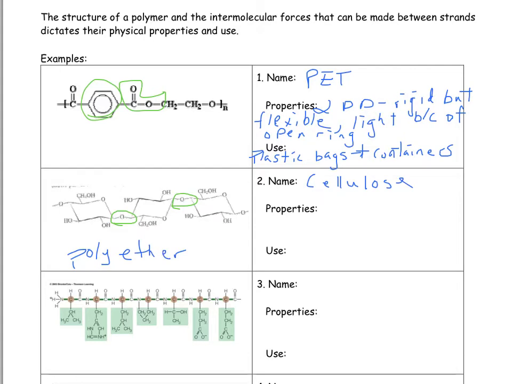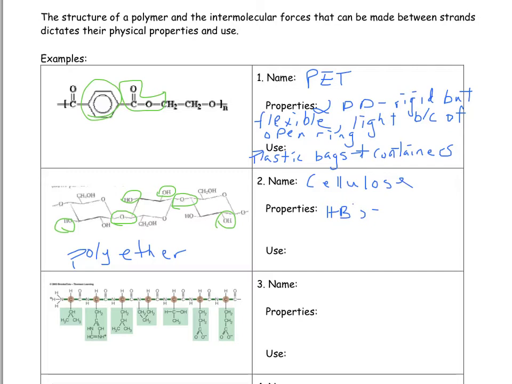Also on the structure, there are many hydroxyl groups hanging off these open rings. This allows many hydrogen bonds to form, creating a strong connection between strands.